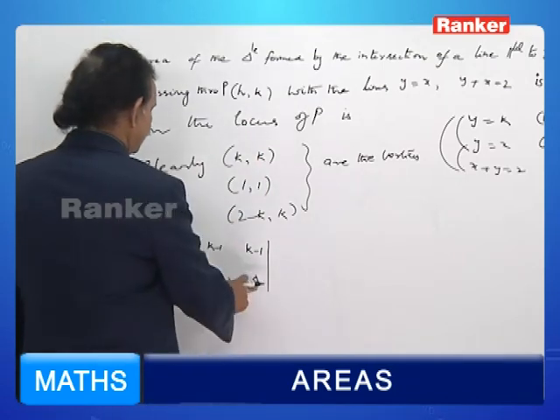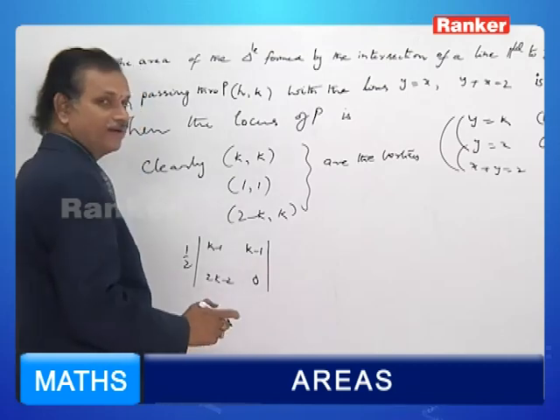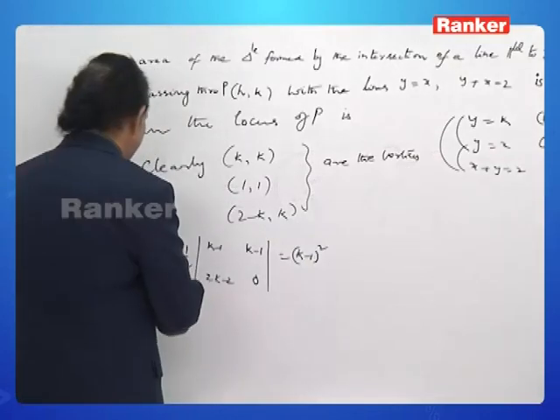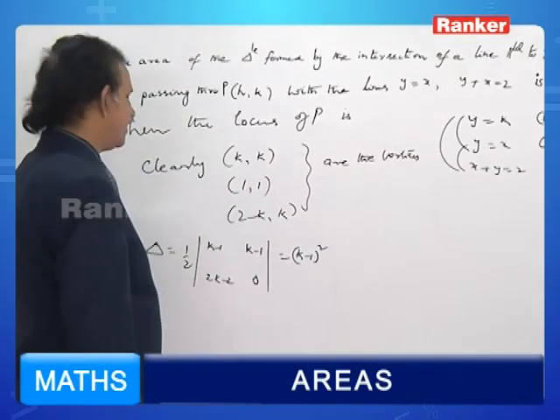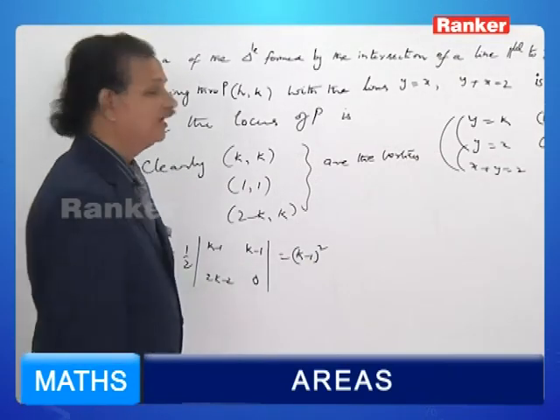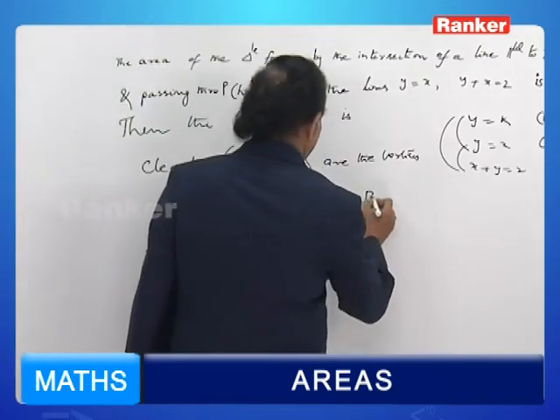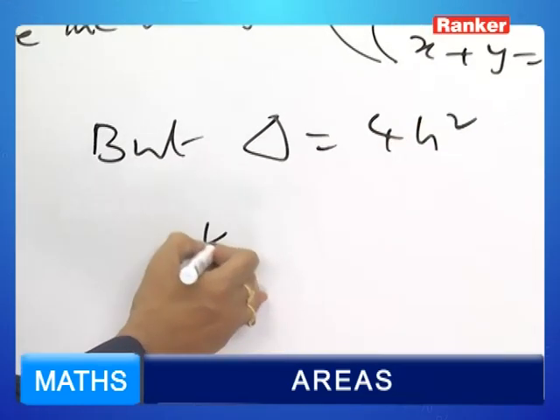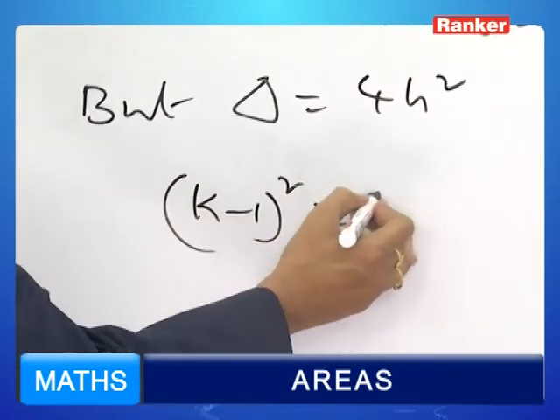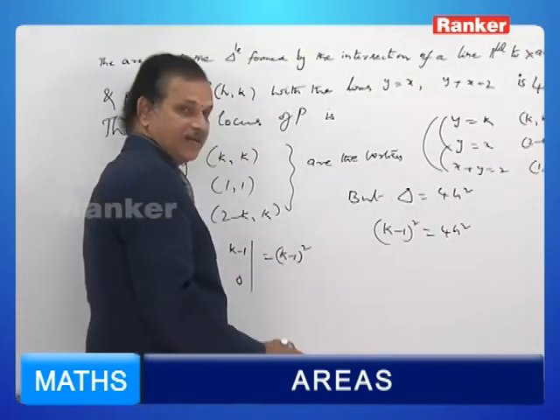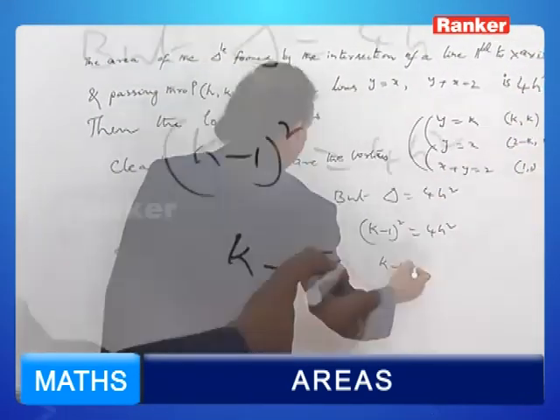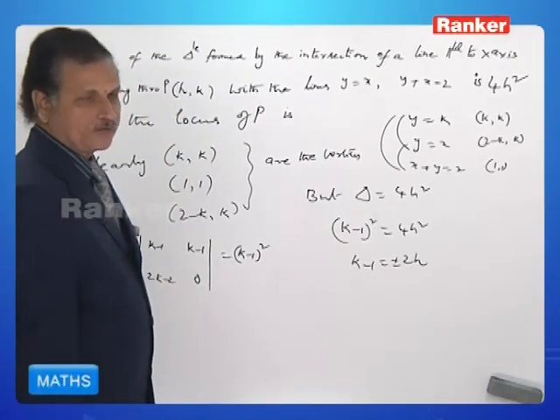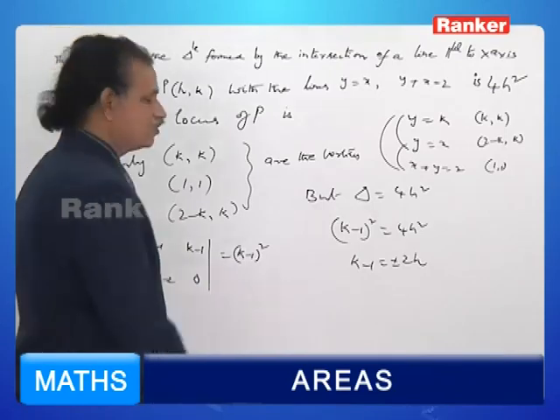Half into 0 minus of 2 into k minus 1 whole square is just nothing but k minus 1 whole square. Actually, delta is observed to be k minus 1 whole square. But this area is equal to 4h square. So k minus 1 whole square is equal to 4h square, isn't it? Therefore, k minus 1 is equal to plus or minus 2h.